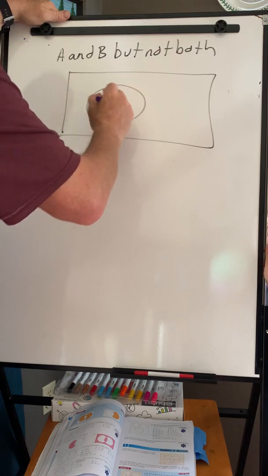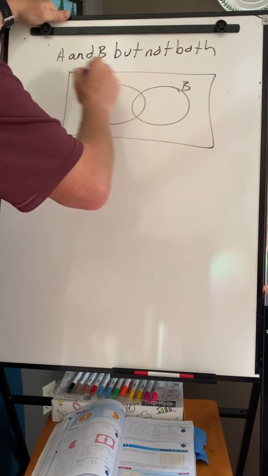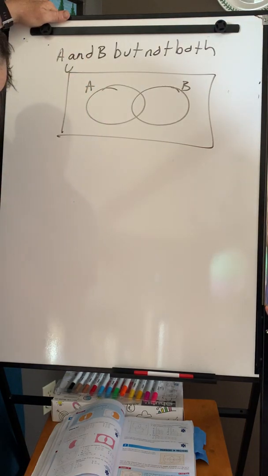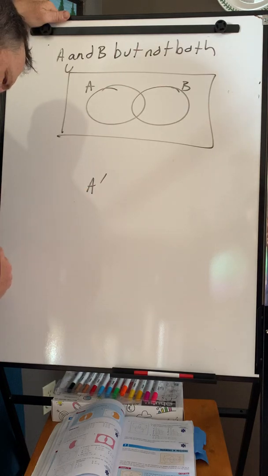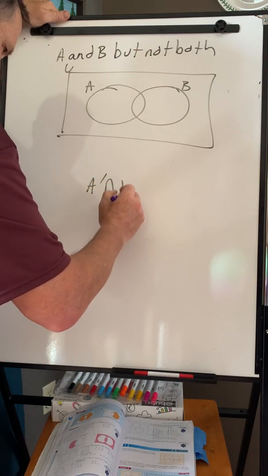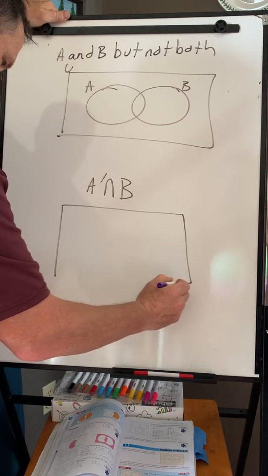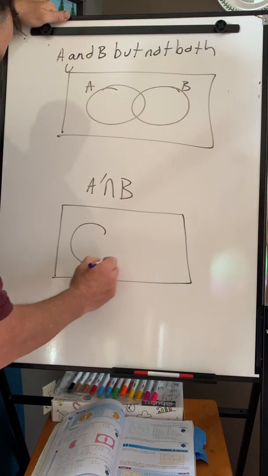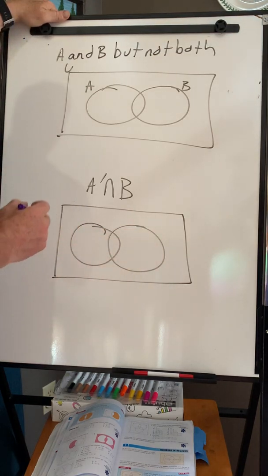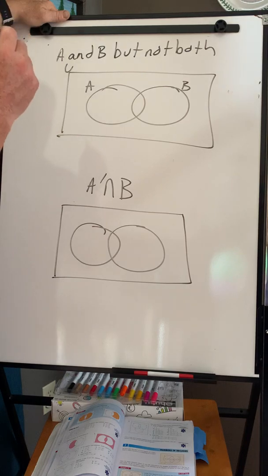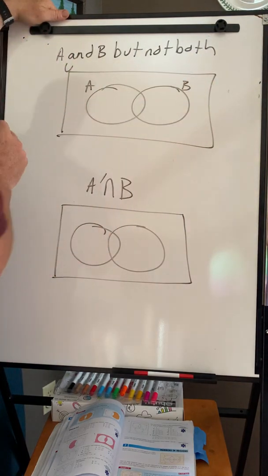We've got A, we've got B, and U. And I'll draw the other question, A prime intersect B.